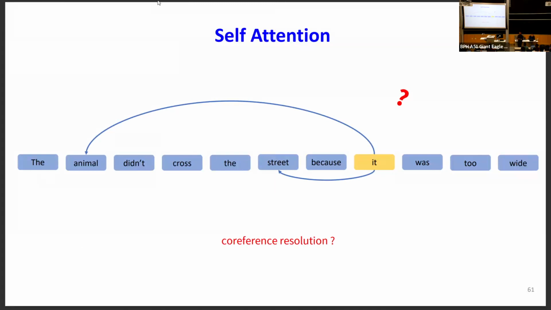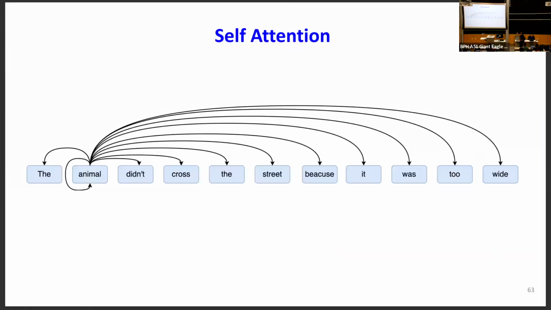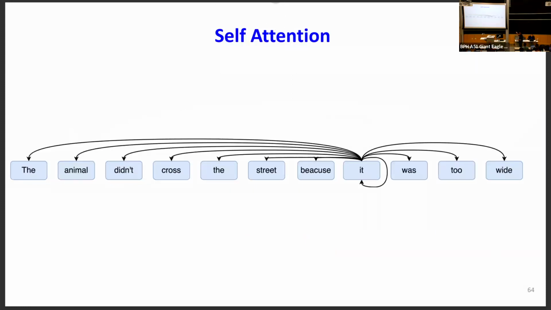So the transformer needs to perform some kind of coreference resolution. Every word needs to know what it is representing and what the things around it are representing. So every word starts by looking at itself. The will look at itself and all the words around it. Animal would look at itself and all the words around it. Accordingly, it will look at itself and all the words around it.